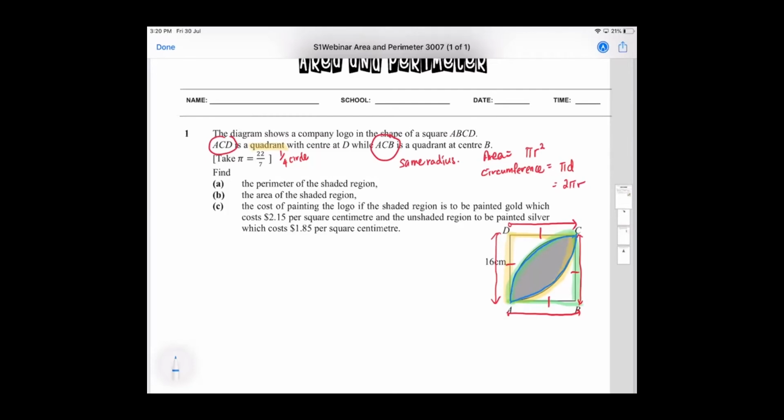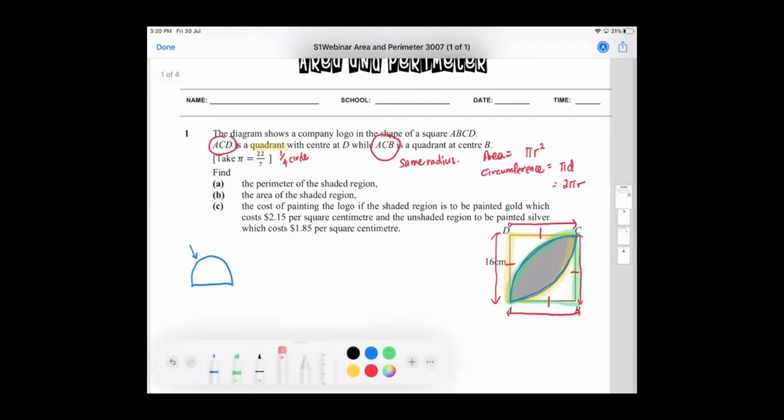But like I said just now, these 2 can be combined into the arc length of a semicircle, because they have the same radius.